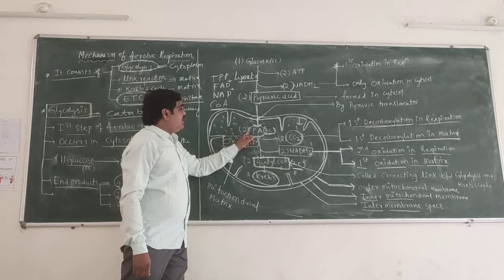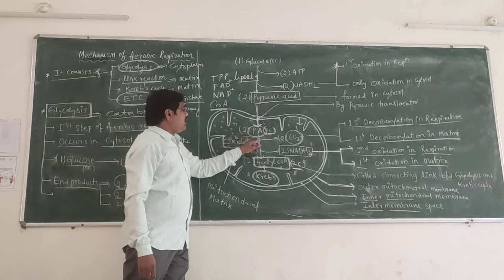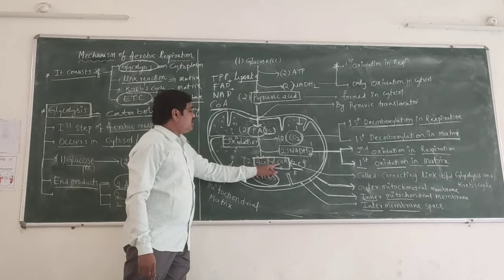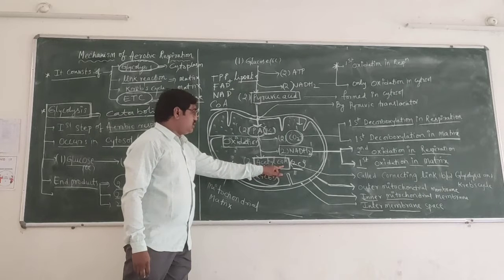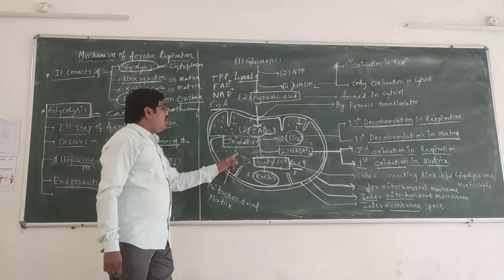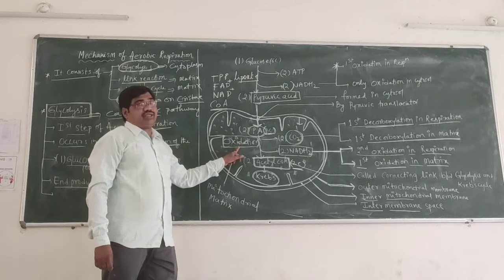So during the link reaction, two molecules of pyruvic acid are converted into two molecules of acetyl-CoA. This reaction is called oxidative decarboxylation.